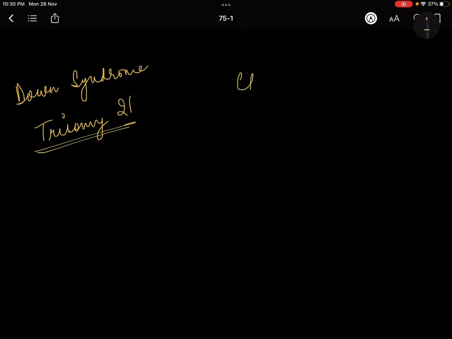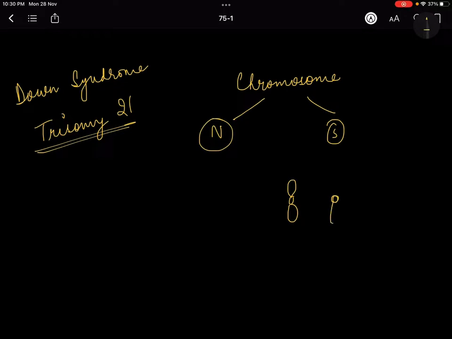I told you whenever we are doing a study of a chromosome, we are going to study two things about chromosomes. One is its number, second is its structure, right? So how can there be a problem in structure? Suppose a chromosome had to be like this, but some mutation happened and the upper part of the chromosome got deleted and the chromosome is left only like this.